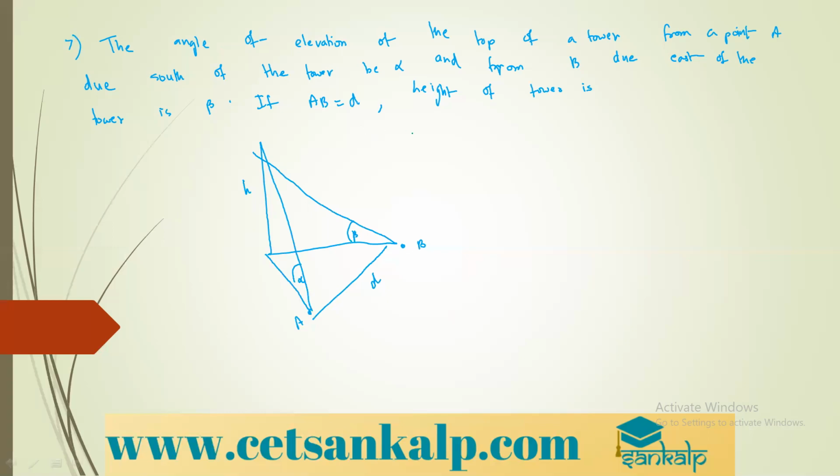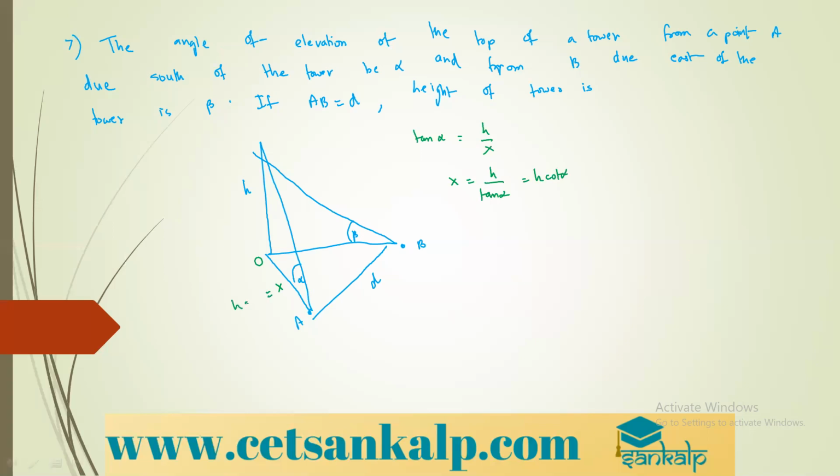So first of all, I will take tan alpha. Suppose if this distance, I will take OA as x. So tan alpha is h by x, or x can be written as h by tan alpha or h cot alpha.